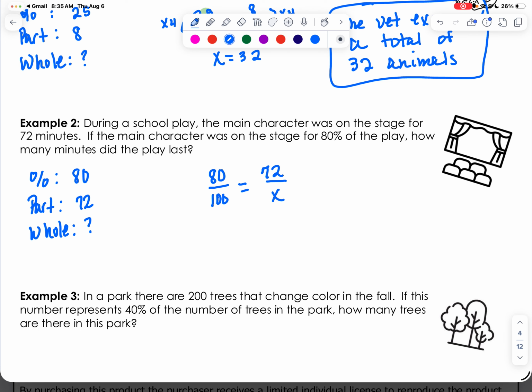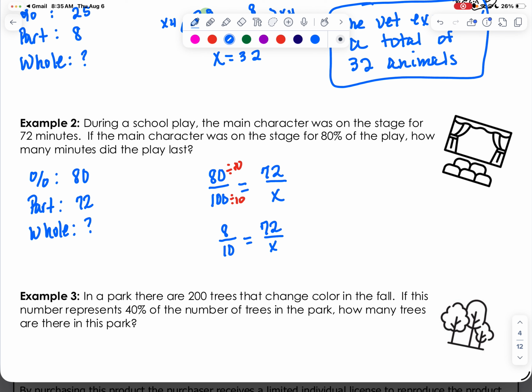So if I were to divide both these numbers by 10, let's simplify this fraction and see what we get. 80 divided by 10 is 8, and 100 divided by 10 is 10, equals 72 over X.